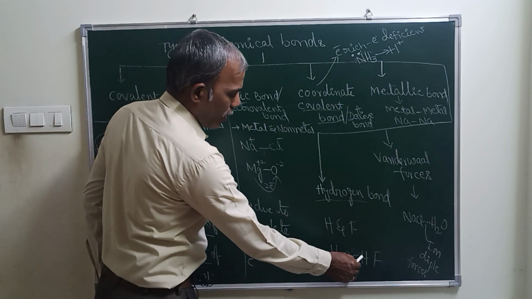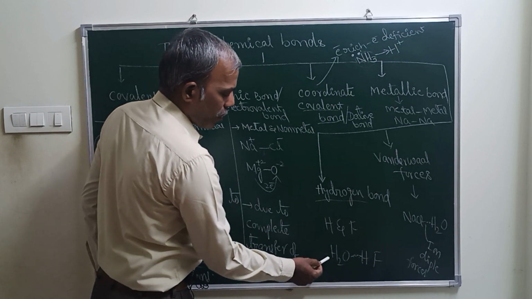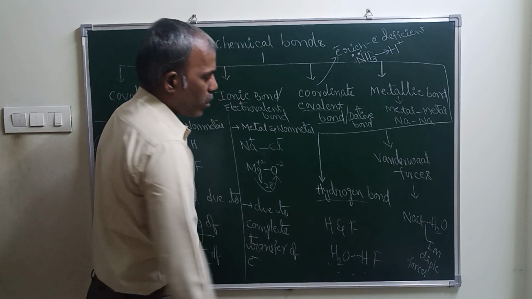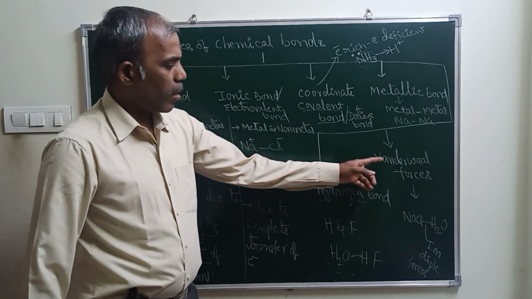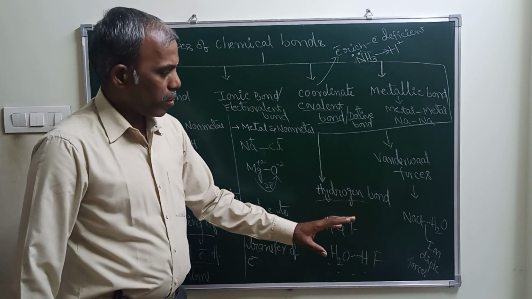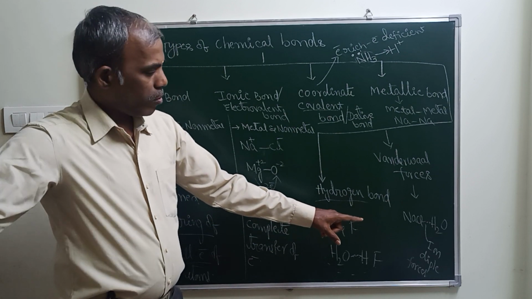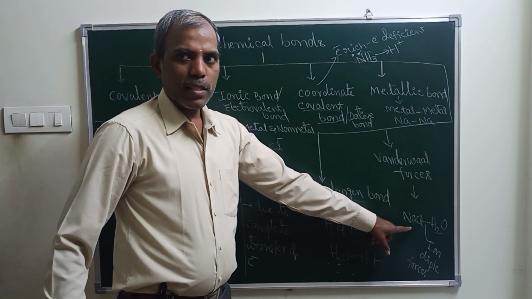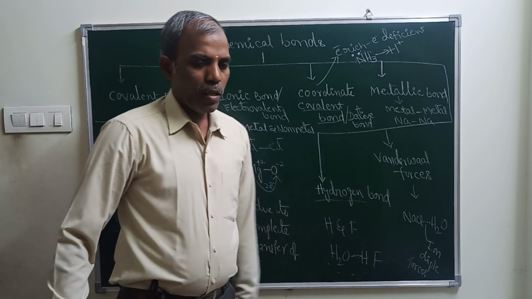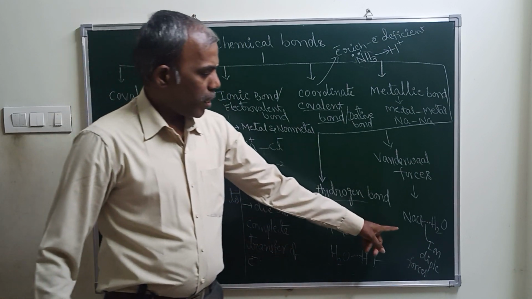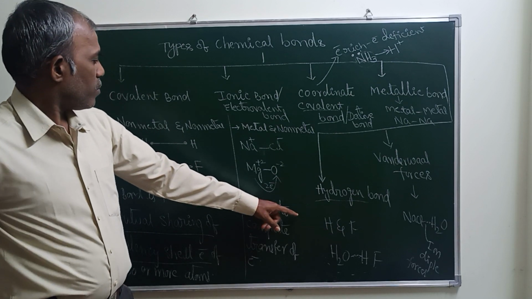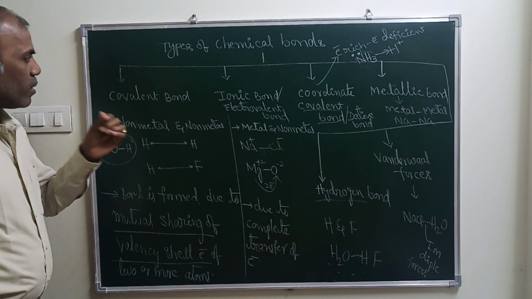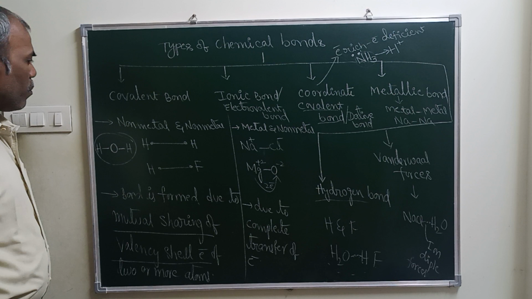The bond between hydrogen and oxygen, even hydrogen and fluorine, is hydrogen bond. Next, van der Waals forces are observed between the molecules. So NaCl is an ionic compound and water is a covalent compound. The bond between NaCl and H2O is van der Waals forces. This is all about types of chemical bonds.